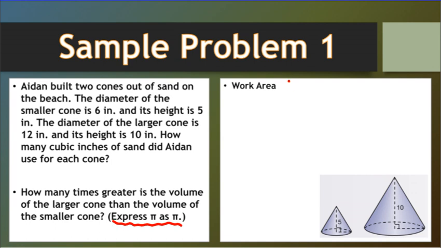So first off, finding how many cubic inches of sand did Aiden use for each cone. So volume equals 1/3 pi radius squared times the height. For the first one, the smaller one has a diameter of 6 inches, so the radius would be 3. So I have 1/3 times 3 squared times the height, which is 5.